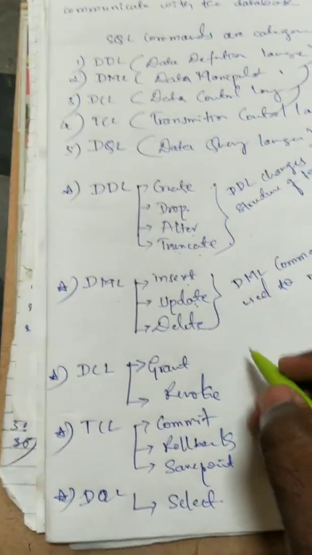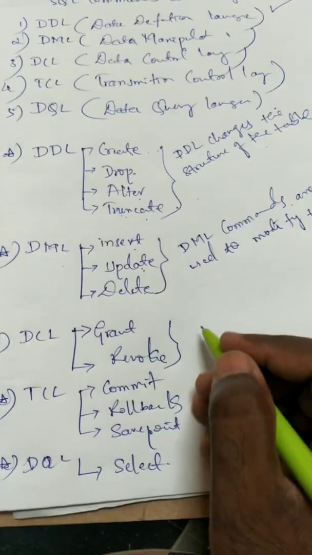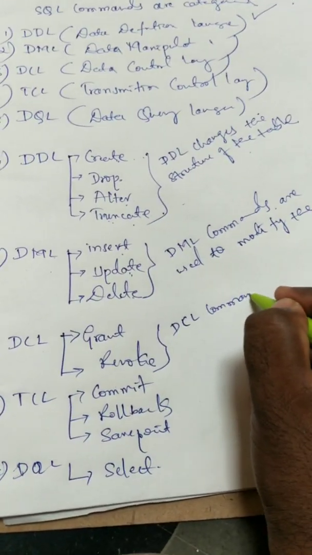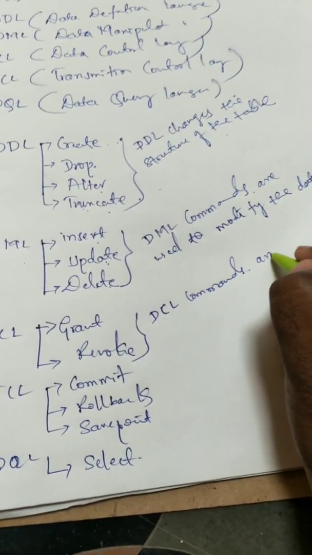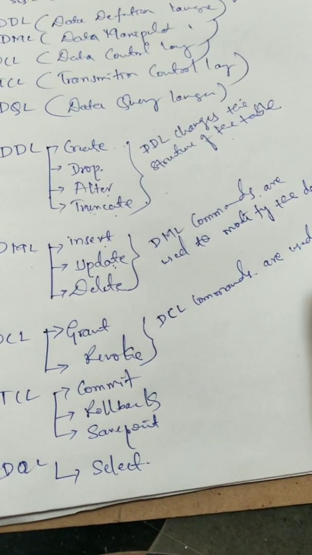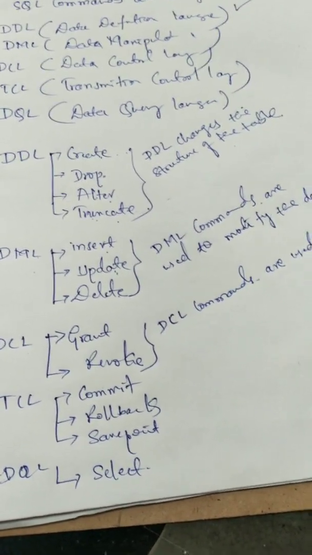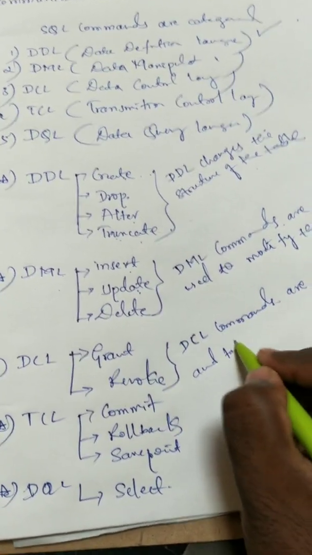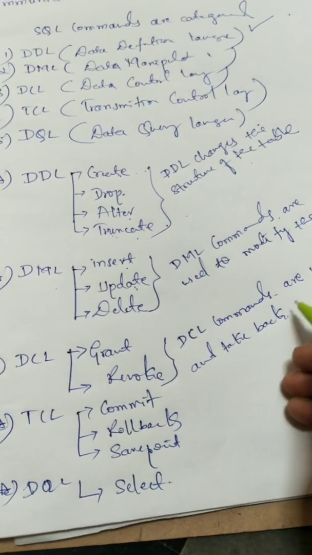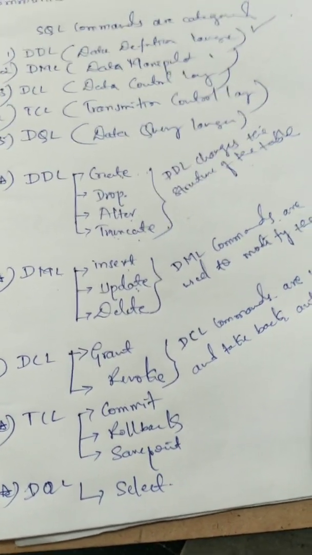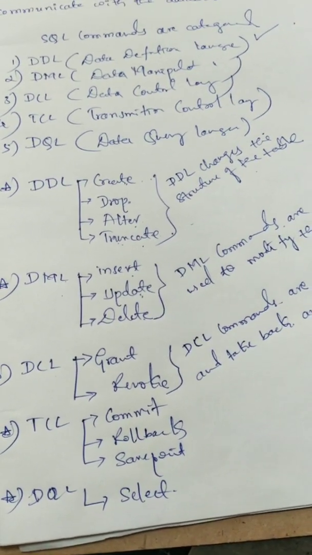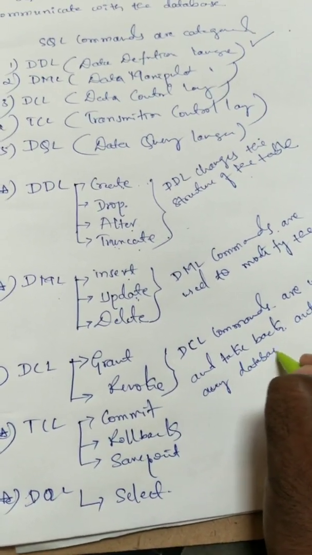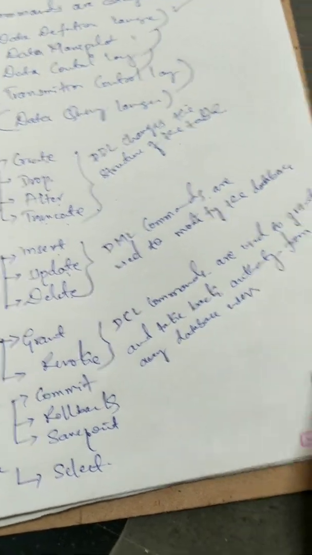Here I will write: DCL commands are used to grant and take back authority or permission from any database user, right?